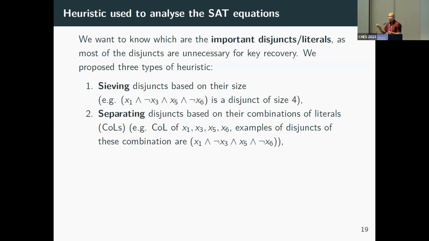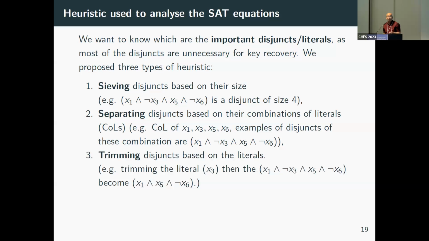Then secondly, we actually separate the disjuncts based on what we call combination of literals. The combination of literals is a set of disjuncts. Let's say, for example, here, a combination of literals of x1, x3, x5, x6 is actually all the disjuncts with these 4 literals, regardless of whether it has a NOT gate or not. Then we trim it based on the literals.